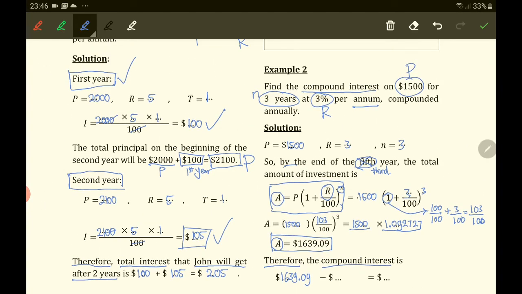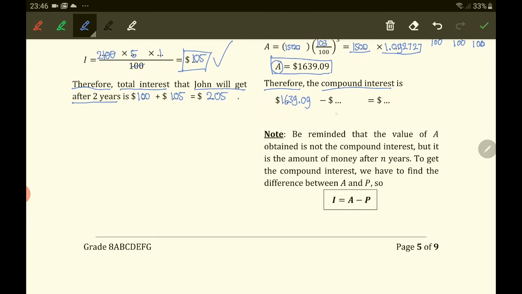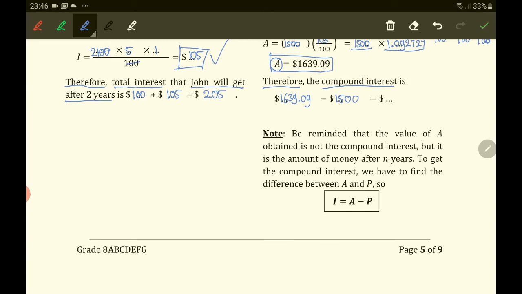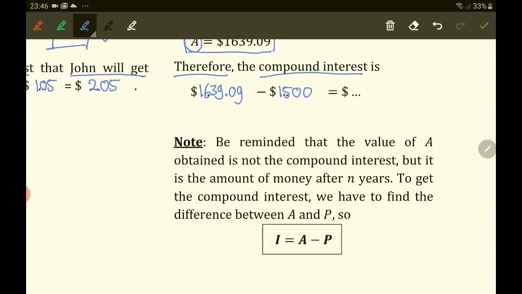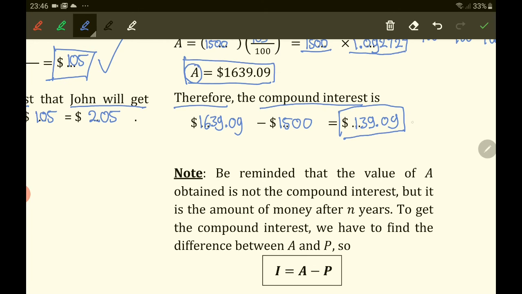How much money? 1,500. So what is that? You have 139.09. So this is the compound interest that you are looking for.